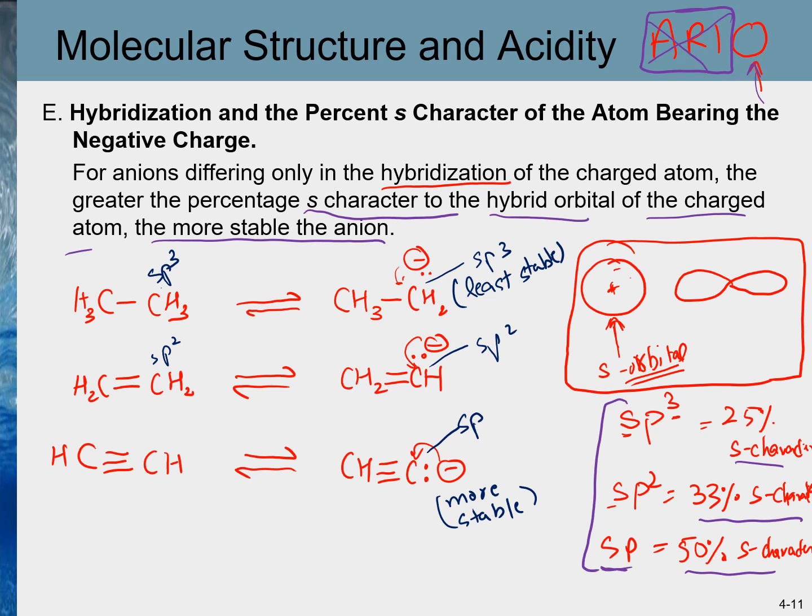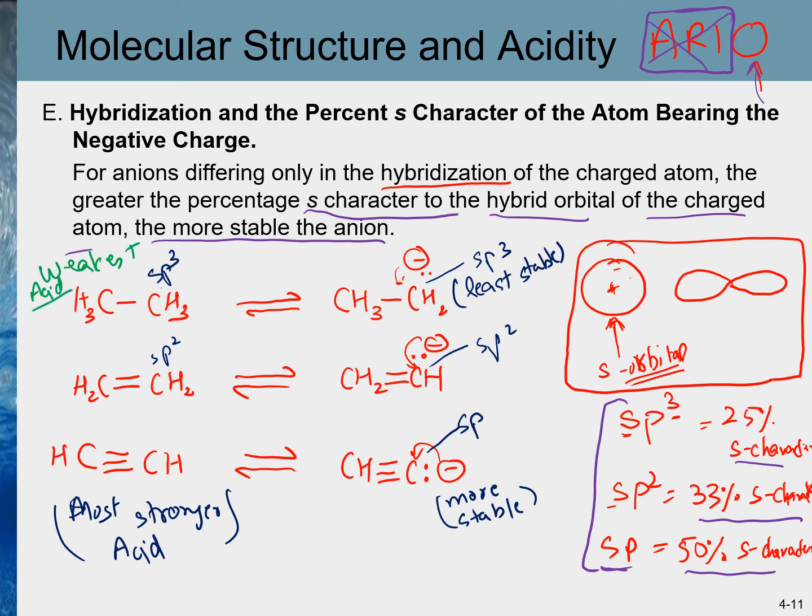Hence, alkynes are the strongest acid in this group. By no means is an alkyne an acid, but in comparison to alkanes and alkenes, alkynes are the stronger one, and the alkane is the weakest acid.